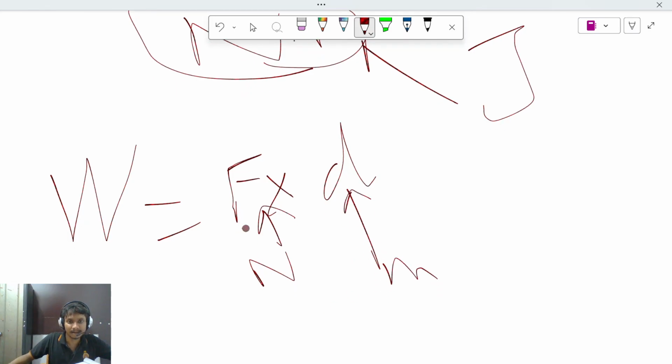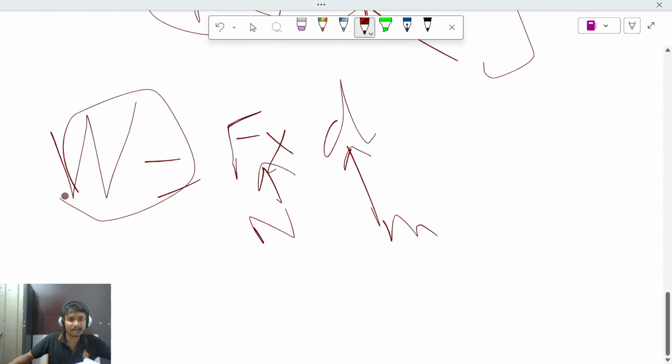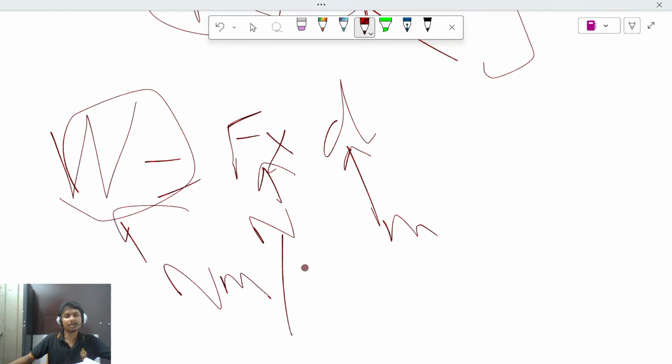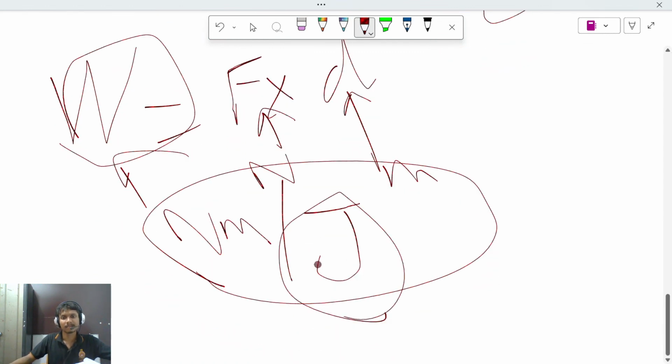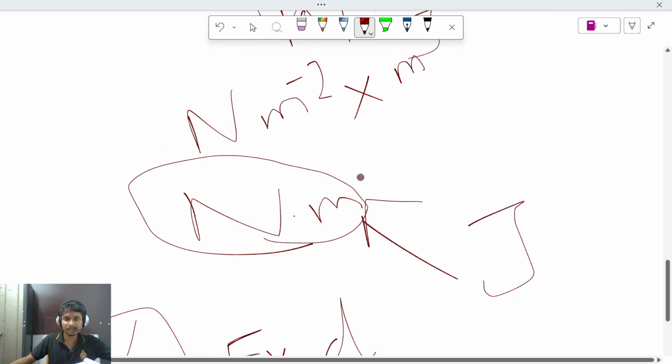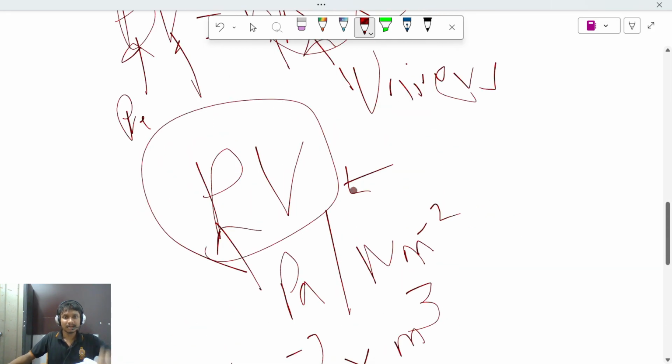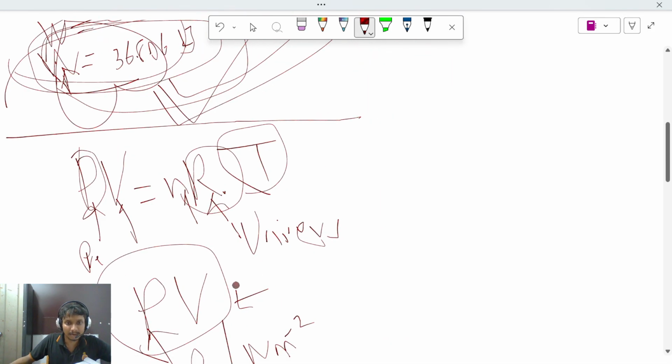Therefore, Newton meter. The unit of work is generally joule, but another unit of work is also Newton meter. Therefore, the unit of PV is joule.